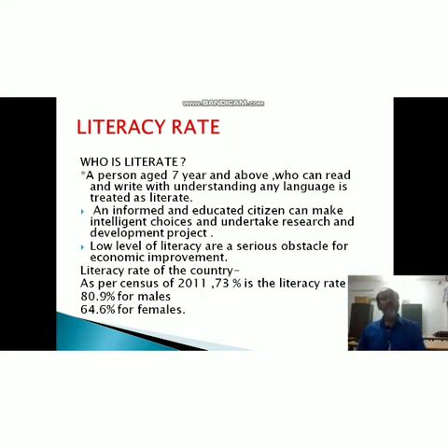Now we will discuss the literacy rate. At first we have to know who is literate. A person aged 7 years and above who can read and write with understanding of any language is known as literate.